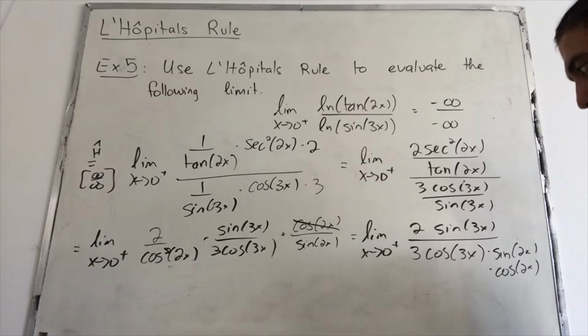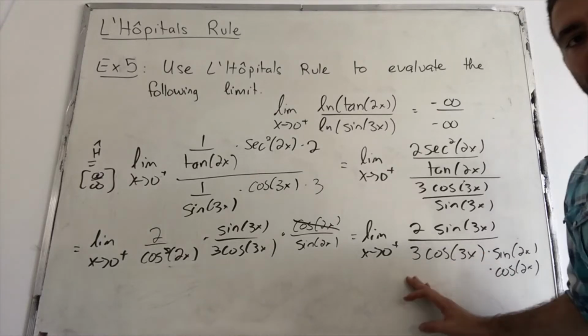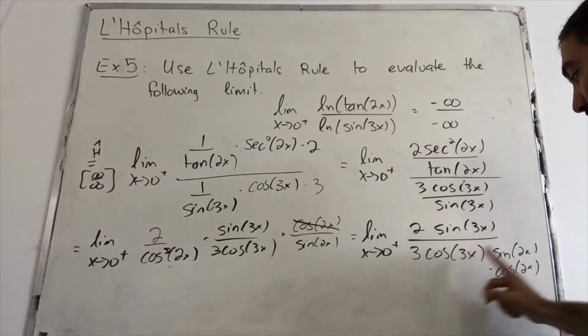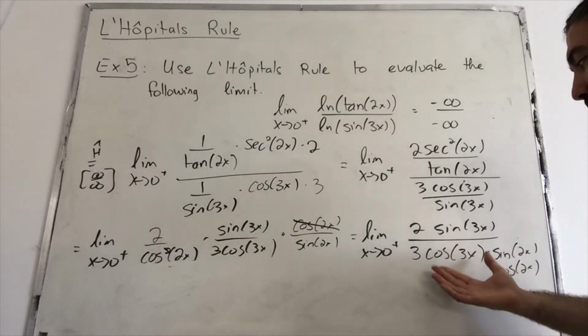Okay, let's keep simplifying. Bringing it in terms of sine and cos makes this problem actually a bit more difficult. So in this case here, it's backfiring for me. So let's use properties to simplify this.